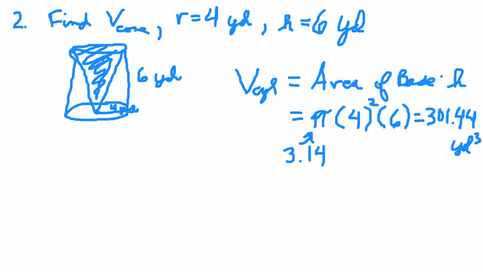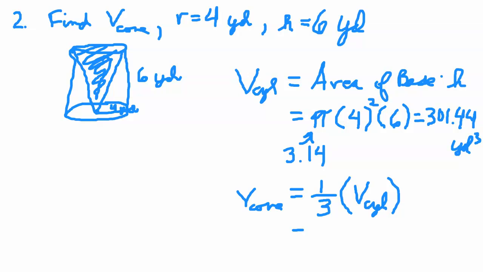So to get the volume of the cone, all we have to do is take the volume of the cylinder times a third. And this is why we did the cylinder first. We take a third times the volume of the cylinder to get the volume of the cone, as long as it has the same base and height. In this case, the area of the base is the same, the height is the same.